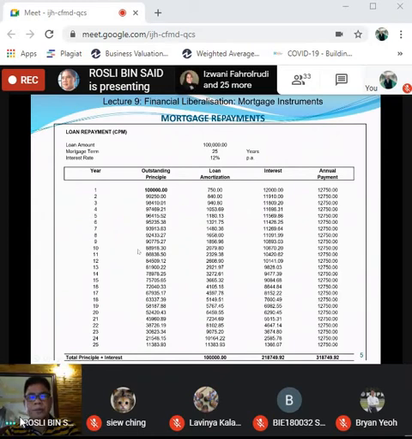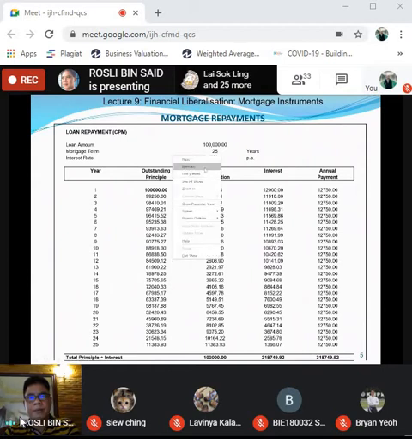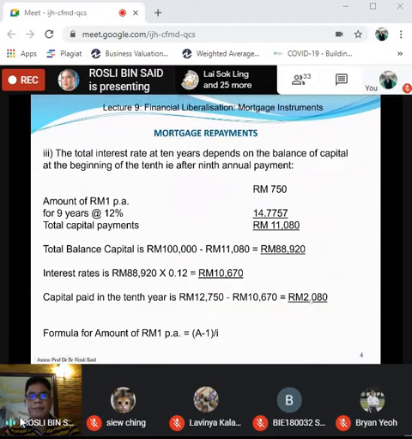So you can use a table like this to calculate, or you can use the formula like I've given here in order to calculate the capital, the outstanding capital, and the interest that we are supposed to pay in any particular year.